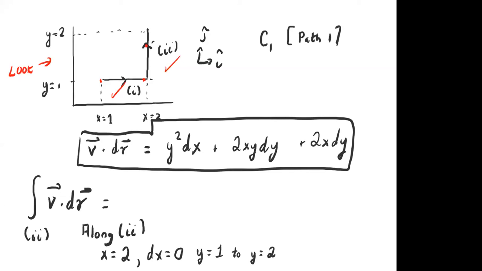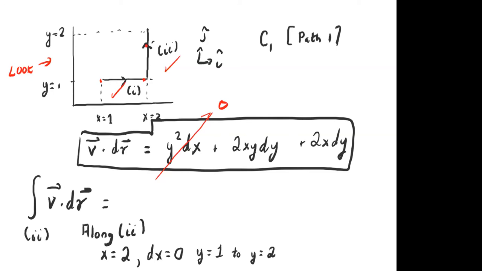So what does that mean for what's going on here? In this case, dx is 0, so that first term disappears. Y is going to be a variable. So let's look at the second term.